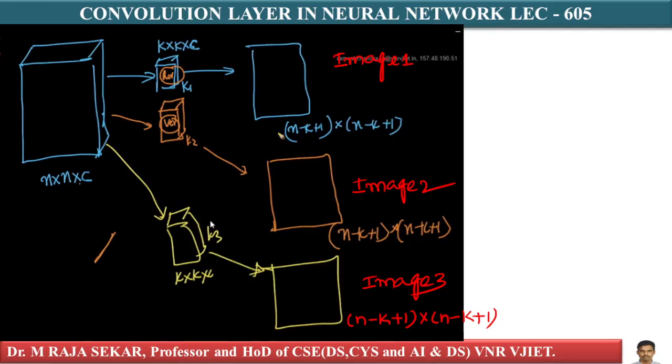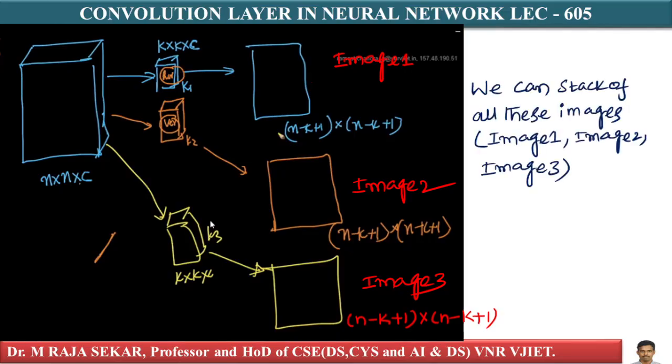Just see now what's happening here. K1 is kernel 1. I am applying it on the n cross n cross C image, and I get an image of size n minus k plus 1 into n minus k plus 1. That is image 1, using kernel K1.